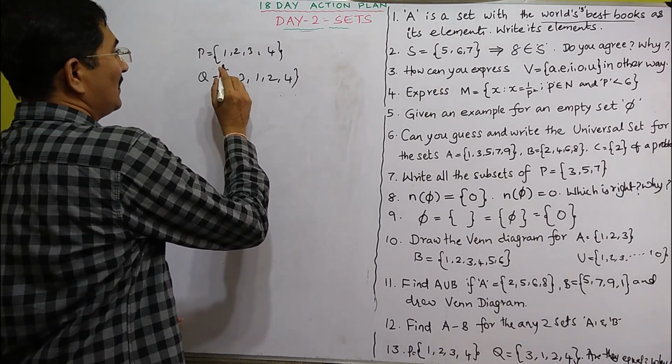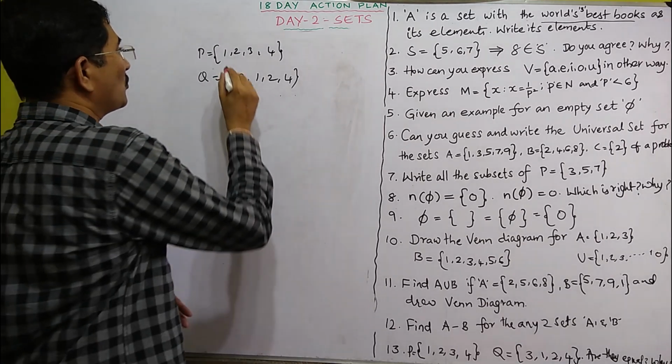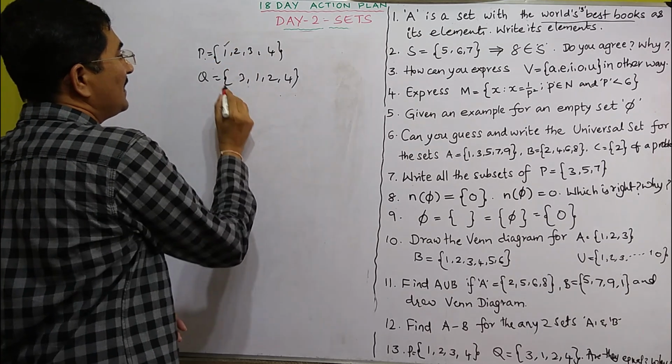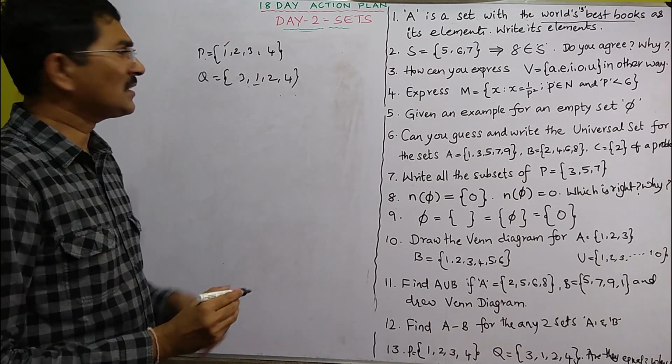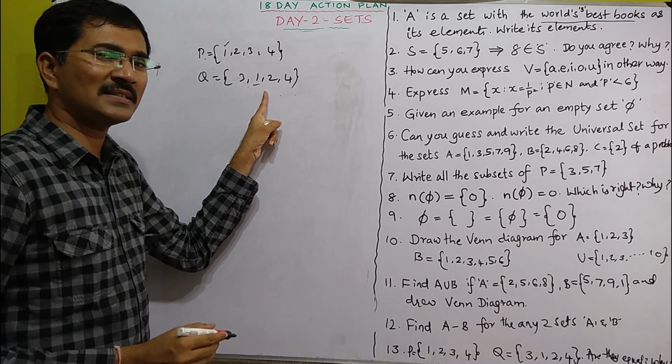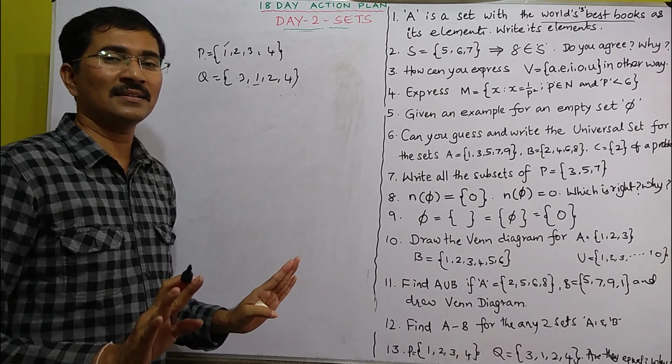So we will check in the first direction. The 1 present in P is also present in Q. It is in the first place here and in the second place there. The order does not matter.